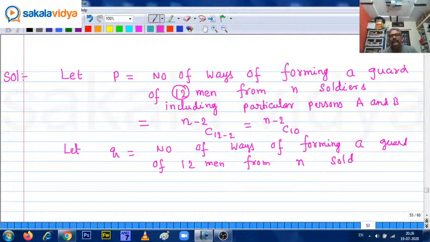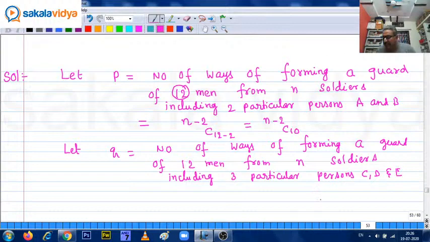We do not know the number of soldiers, including three particular persons C, D and E. That means this time three particular persons need to be included.